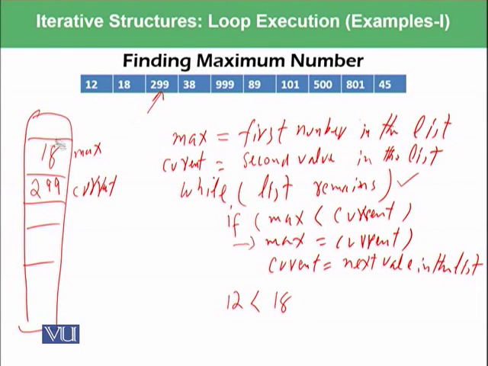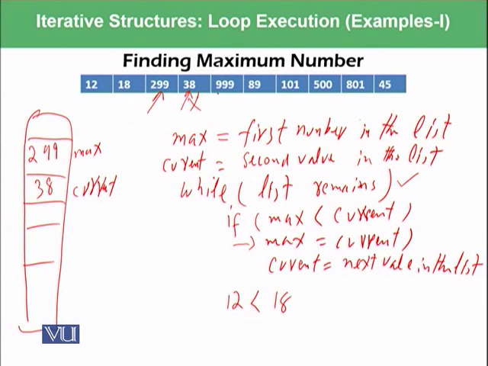So 299 comes to max, and current is moving to the next location, which is 38. Then it comes again, the condition of the loop is correct, and it checks again if max is less than current. So is 299 less than 38? The condition is false, so it leaves this position.